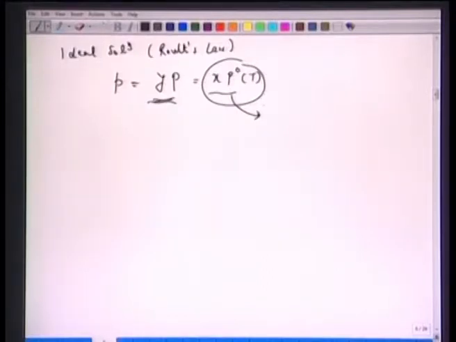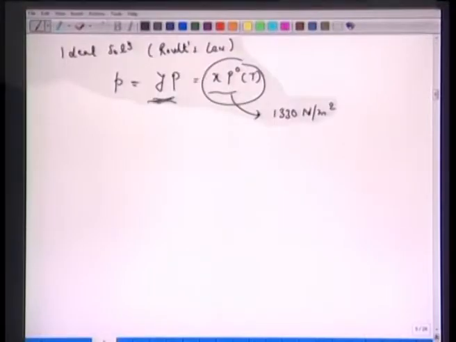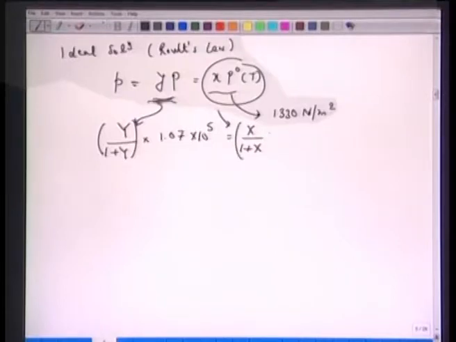Okay, so vapor pressure at this temperature of 26 degrees centigrade, we can go back and see this is given as 1330 Newton per meter square. So essentially we have yP, so we can write capital Y over 1 plus Y into the pressure, which is given as 1.07 × 10^5, equals capital X over 1 plus X into the vapor pressure, which is 1330.